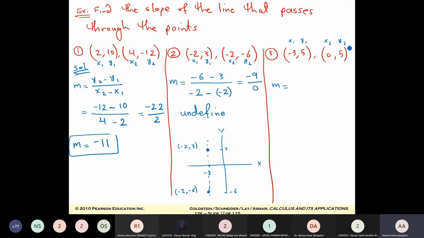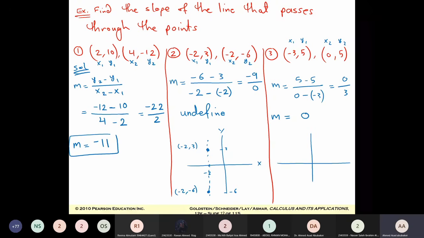Now, exercise number 3. The slope equals, with x1, y1, x2, y2, 5 minus 5 over 0 minus negative 3. So we have 0 over 3. What's the value of 0 over 3? The slope equals 0. If we draw this line, we can see the line is horizontal.